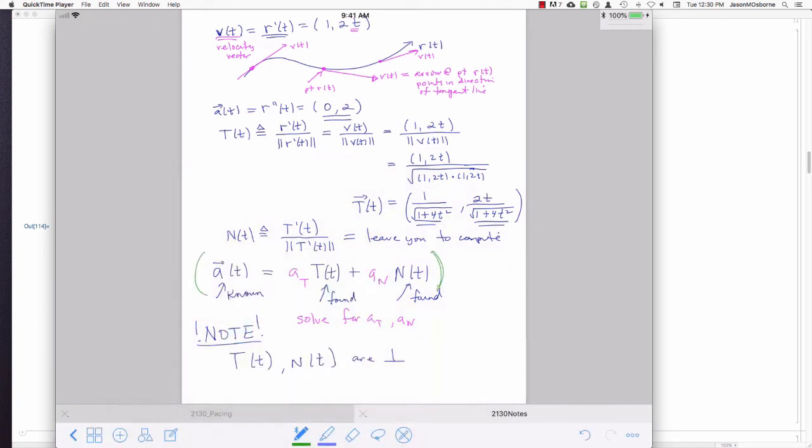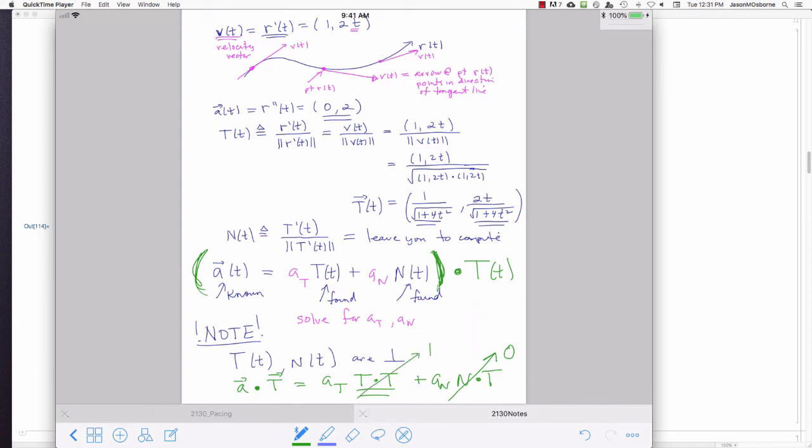Use the fact that if you dot product both sides of this equation with t, then you'll get the acceleration vector dotted with t equals a_t times t dotted with t, plus a_n times n dotted with t. But since t and n are perpendicular, that dot product is 0. And t is a unit vector, so the dot product of t with itself is going to be 1.